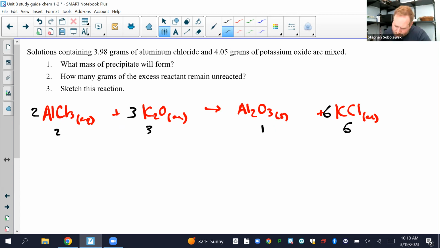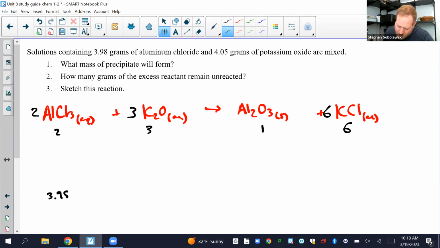Okay. So we have 3.98 grams of aluminum chloride and 4.05 grams of potassium oxide. So notice it gives us the grams of both of our reactants. That means this will be a limiting reactant problem. You can't just pick whichever reactant you want. You have to identify the limiting one and go from that.